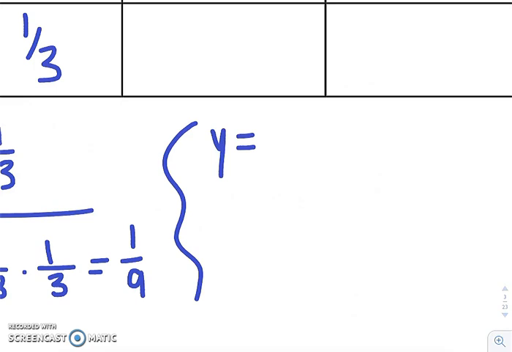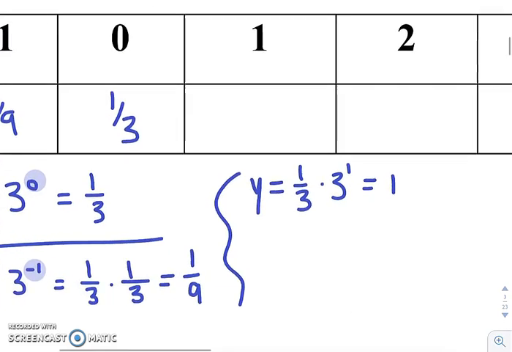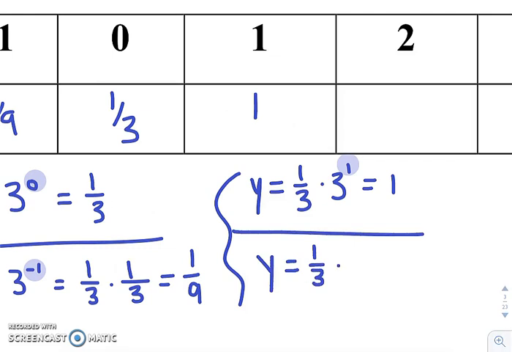So y equals 1/3 times 3 to the first. 3 to the first is 3, times 1/3 is 1. Y equals 1/3 times 3 squared. 3 squared is 9. 9 times 1/3 is 3. Multiplying by 1/3 is the same thing as dividing by 3, so 9 divided by 3 would also be 3. So we plugged in 2 that time.